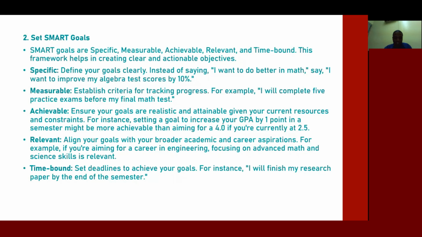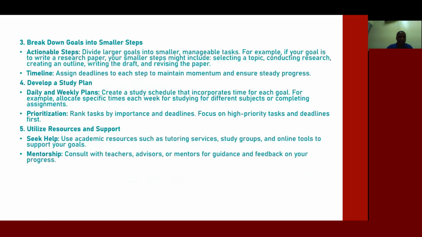academic excellence. Now sometimes we need to break down goals into smaller steps. These ones we can group them in terms of the actionable steps. For example, you can break down maybe a course into units, then from the units into topics.